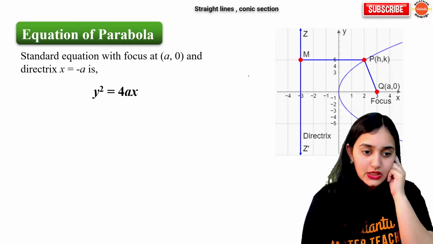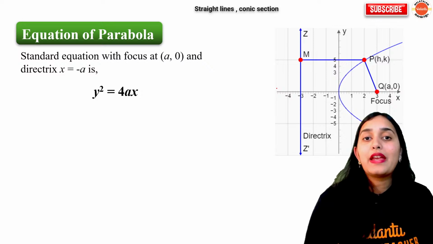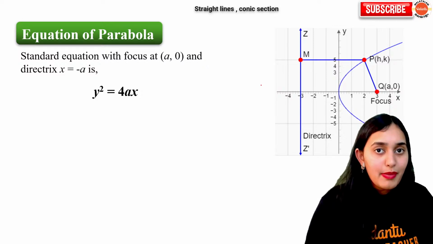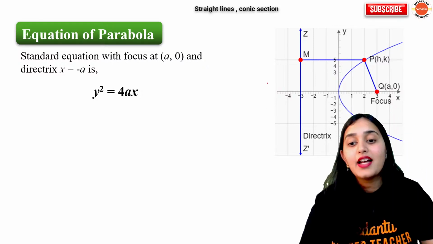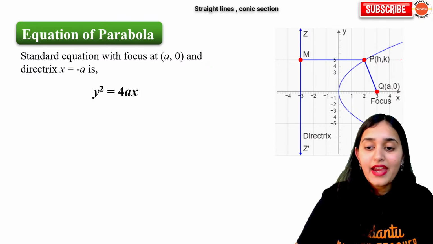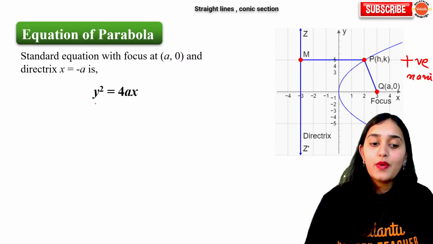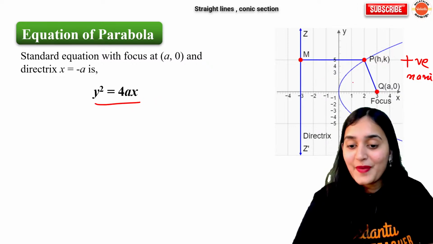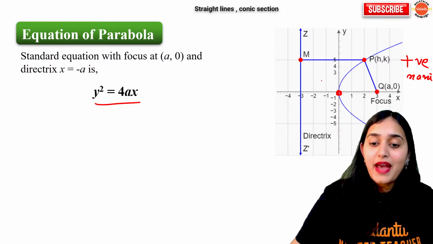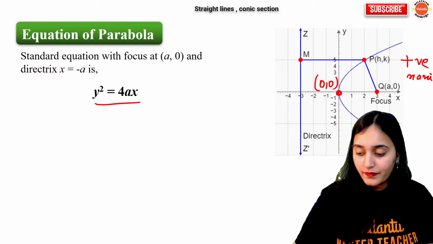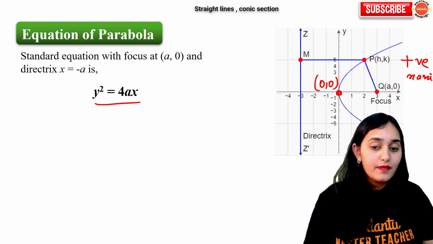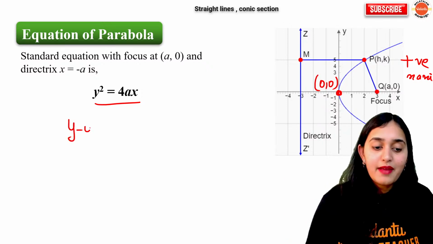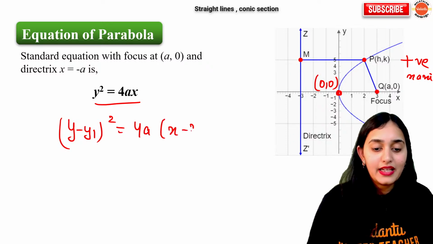Okay. Next, what is the equation of the parabola? If the parabola is facing the positive x-axis, then the equation is y square is equal to 4ax, if the vertex of the parabola is 0, 0. What if it is not 0, 0? Then it will be y minus y1 whole square is equal to 4a into x minus x1.